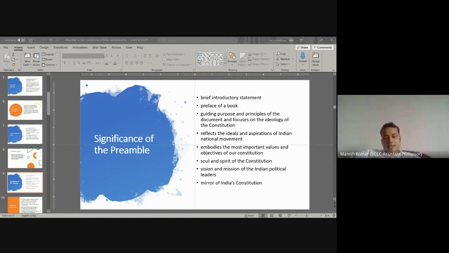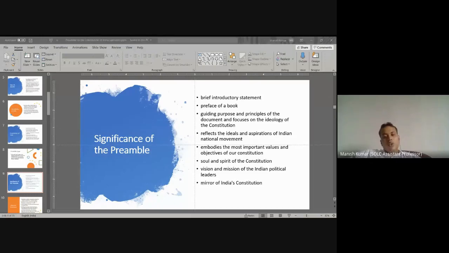It reflects the ideals and aspirations of the Indian national movement. By adopting secular, democratic, liberty, equality, justice, the preamble is a unique document. It is the soul and spirit of the Constitution.